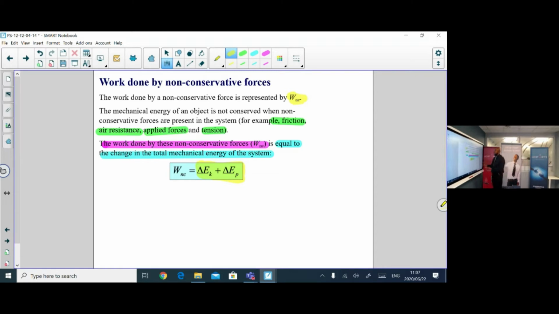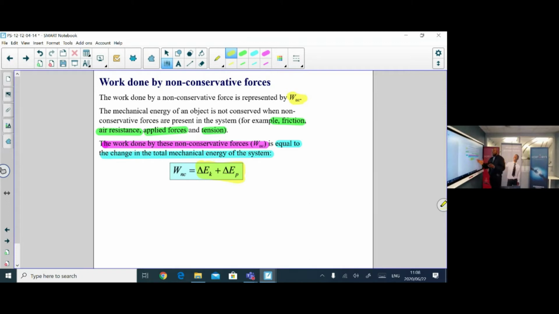Don't forget that, because that is why, according to the definition of work done by non-conservative forces, that is equal to the change. The change that we're talking about is the kinetic energy. From the start, we have initial and final, all the time, that is why we have a change in EK.